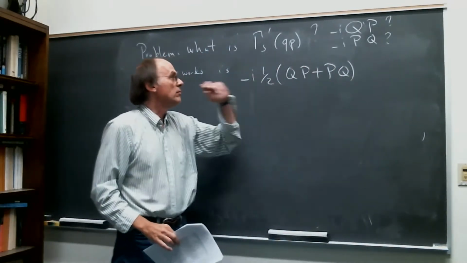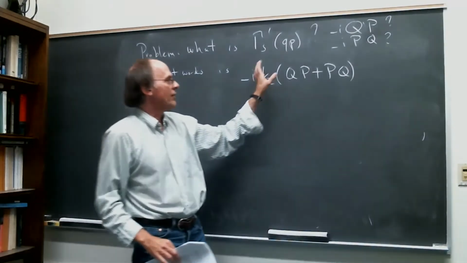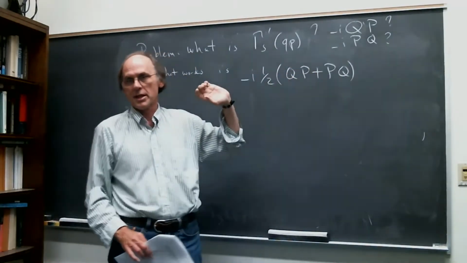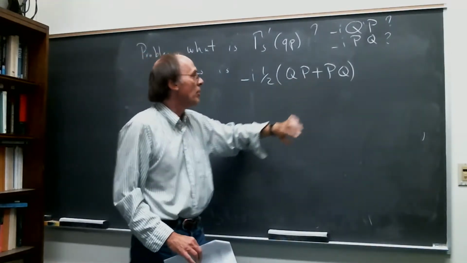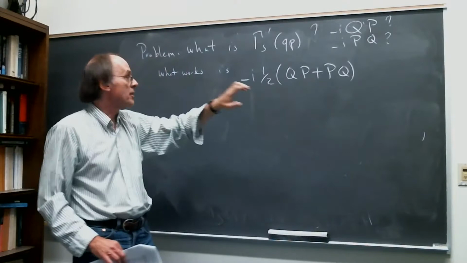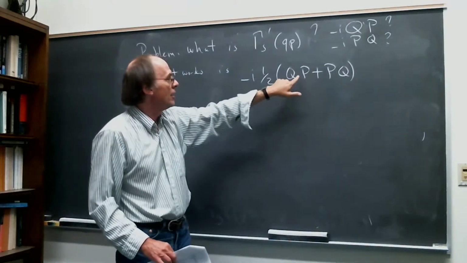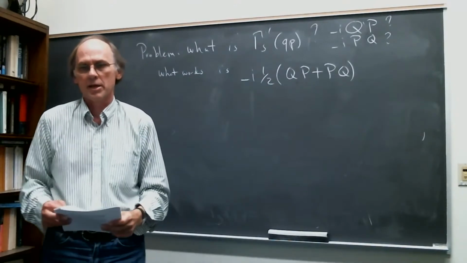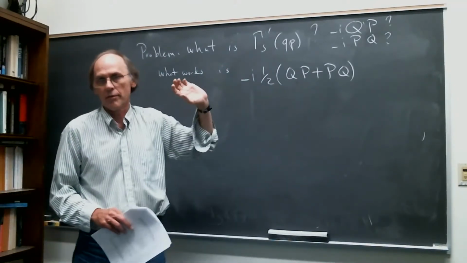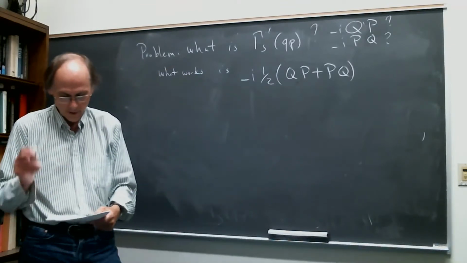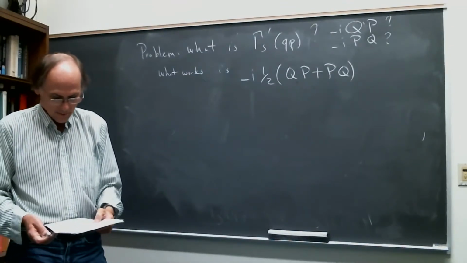There are several reasons that this is the only sensible thing to do in this case. But you can check that this actually gives you that the commutation relations of this guy with the capital P squared and the capital Q squared are exactly the commutation relations of the generators of SL2R. Okay.